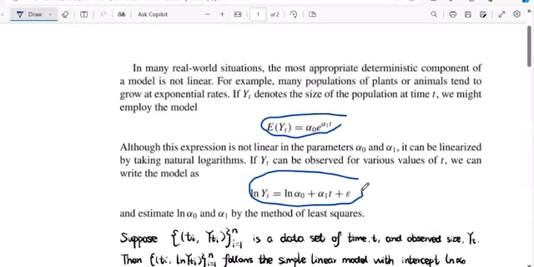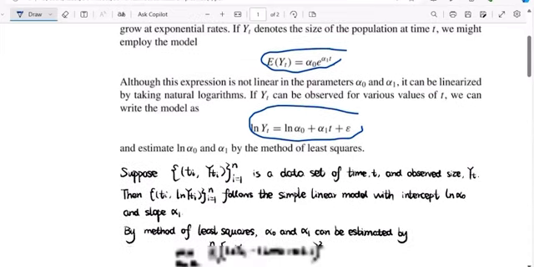Intrinsically linear means initially it was non-linear, but after using a transformation technique, it becomes linear. And when it becomes linear, I'll be able to use a linear approach. Intrinsically non-linear means it cannot be linearized. If it cannot be linearized, then what am I going to do to estimate parameters? Then I'm going to resort to a numerical method, maybe like the Newton-Raphson method, something that involves an algorithm. Does that make sense? Then I'm going to be waiting for the convergence, stuff like that. Okay, now that's what we have.